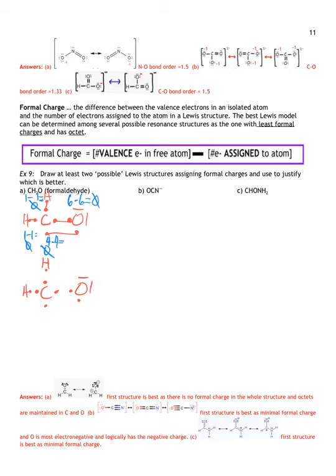But now I'm going to do my sigma bond. So far it looks the same as the previous structure. However, right now I'm going to try to recreate a different structure.